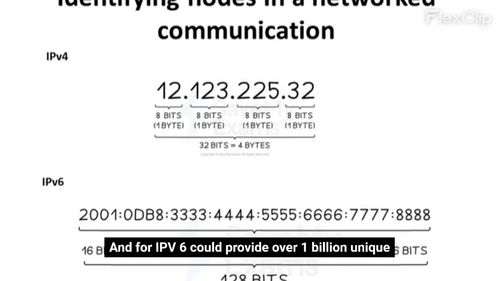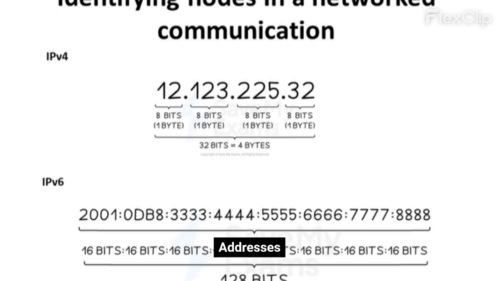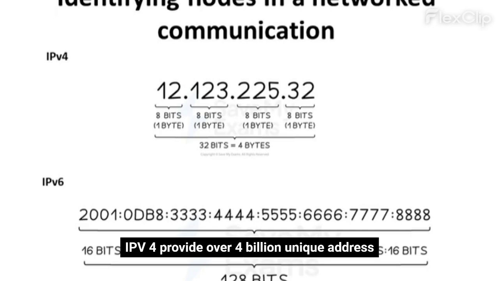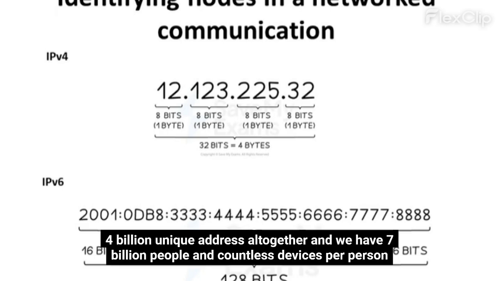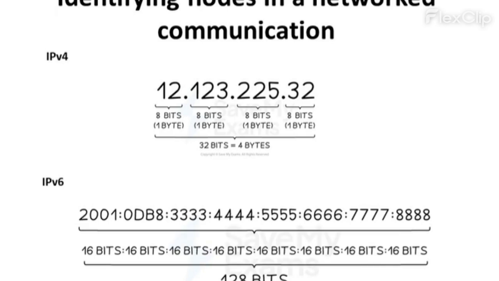So the major difference between IPv4 and IPv6 is the number of bytes and the number of bits. IPv6 could provide over 1 billion unique addresses for every person on the earth. IPv4 provides just over 4 billion unique addresses altogether, and we have 7 billion people and countless devices per person.